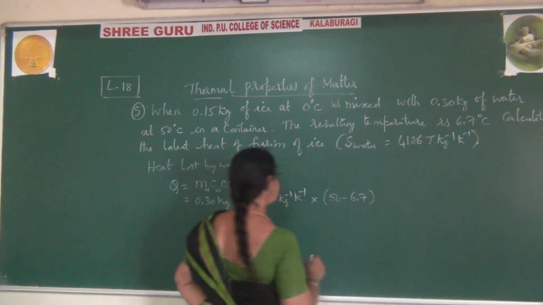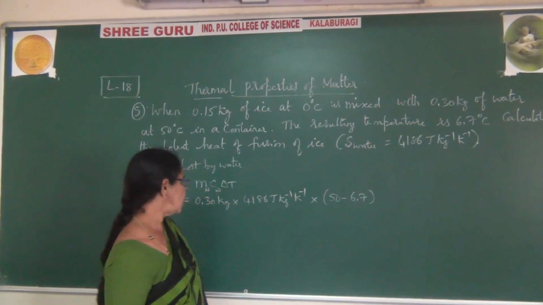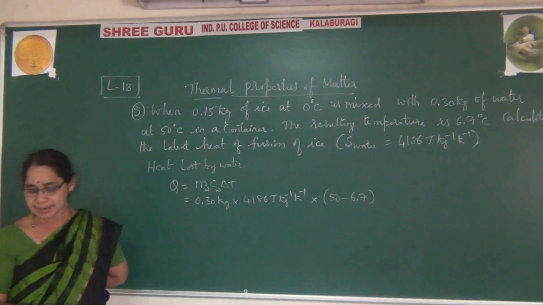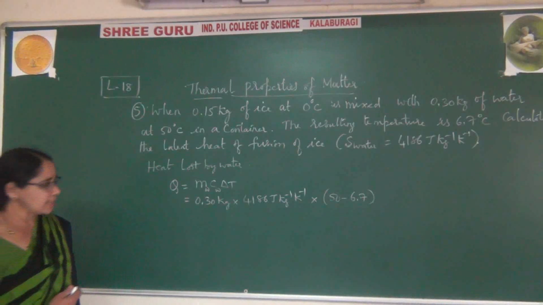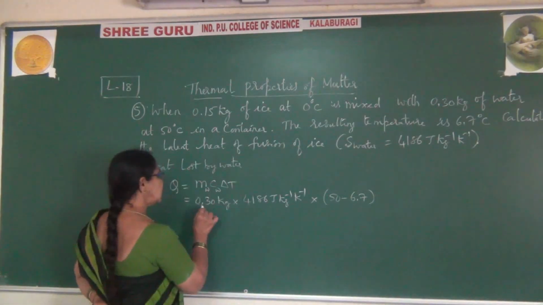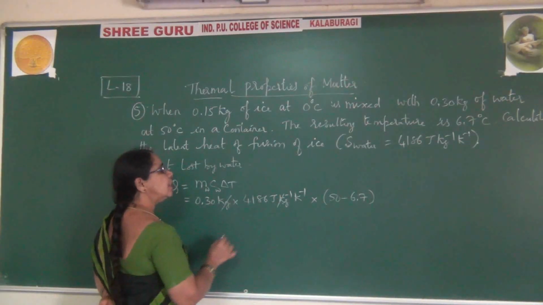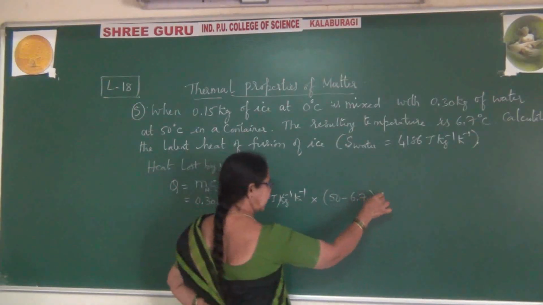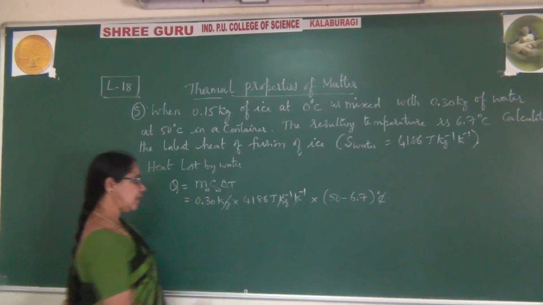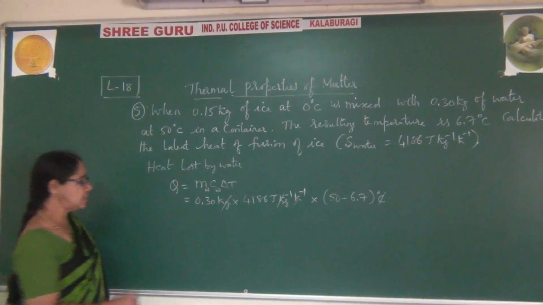This is expressed in degrees centigrade, which is equal to Kelvin in difference, so you can also write it in Kelvin. Now let me multiply: 0.30 times 4186 times (50 minus 6.7). The kg cancels, and the Kelvin and degree centigrade cancel, so you get the answer in joules. The value is 54376.